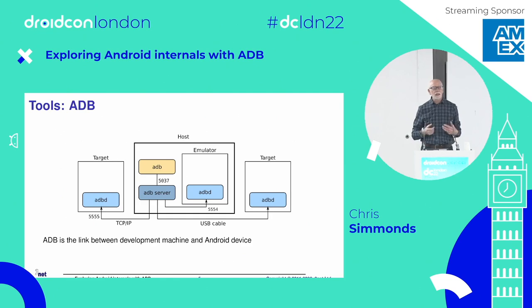What is ADB? It's actually 3 different components. There's a thing called ADBD, the ADB daemon, which runs on the Android targets. The ADB daemon is talking to the ADB server, which is running on your development machine, your laptop or whatever.